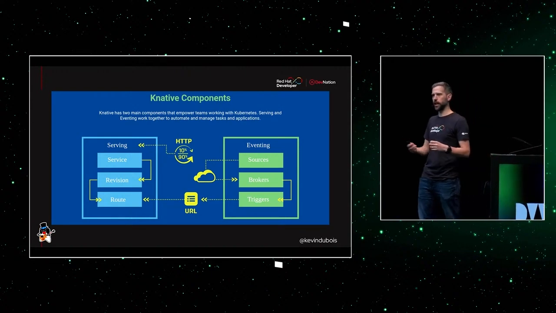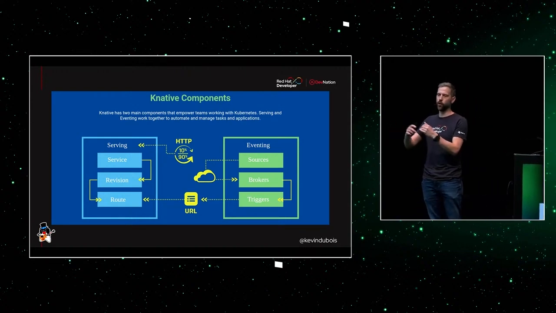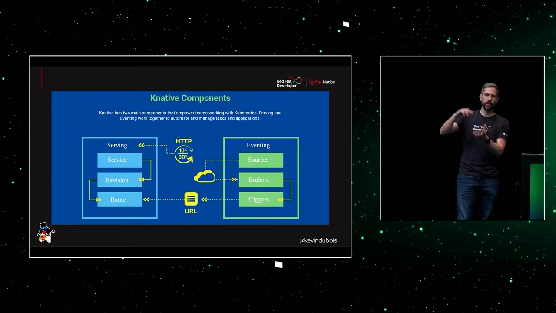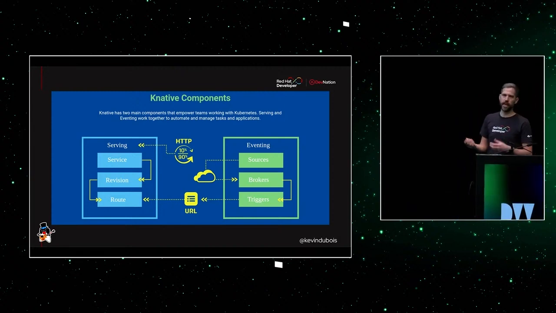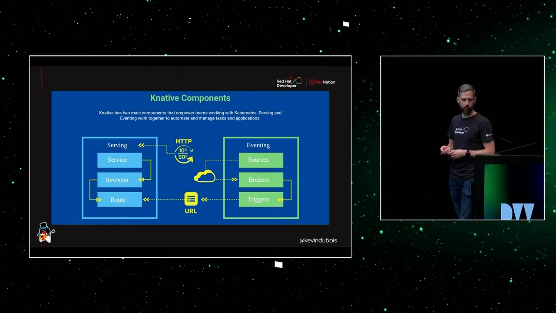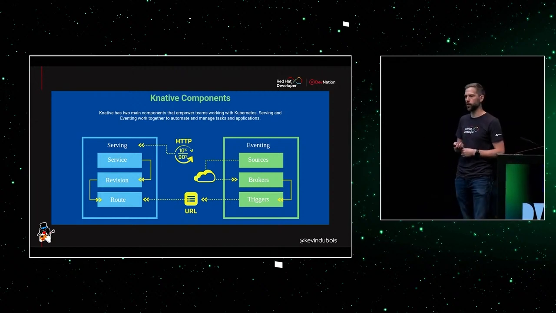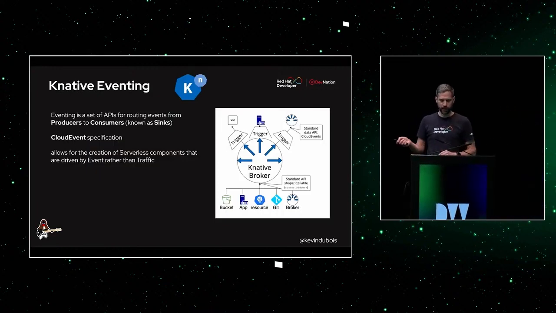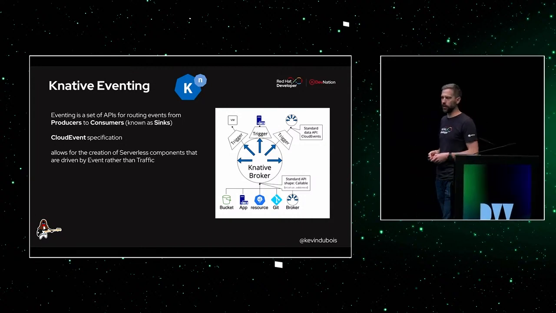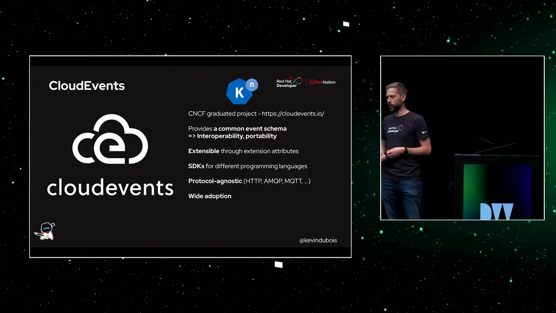So you can integrate events, and then it'll look for the requests coming in based on specific event formats to be able to scale. And then it has different components like sources and brokers and triggers that we'll look at in just a second.